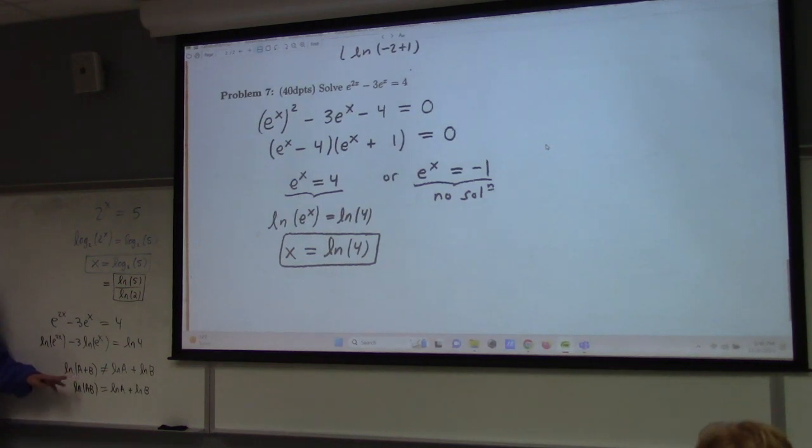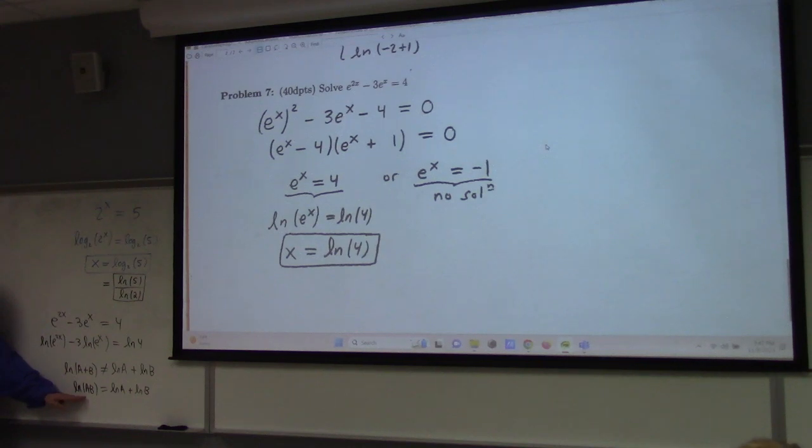Barring some bizarre, really fortunate occurrence, I cannot remember in the thousands of hours of math I've done as an adult ever finding a way to simplify the natural log of a sum of 2 things. There is no nice way to simplify this, generally speaking.